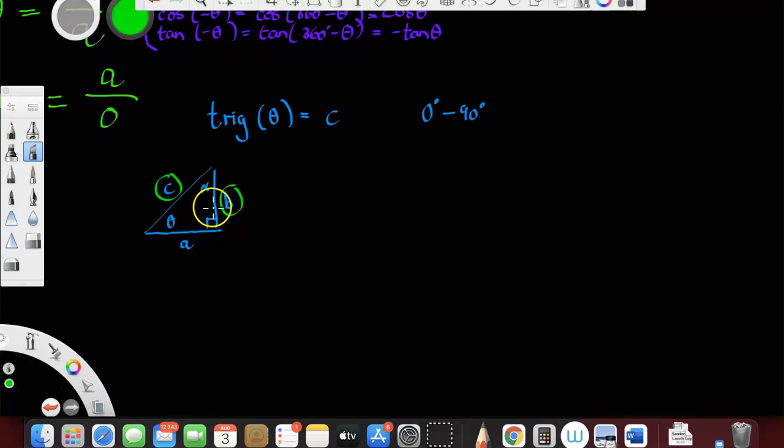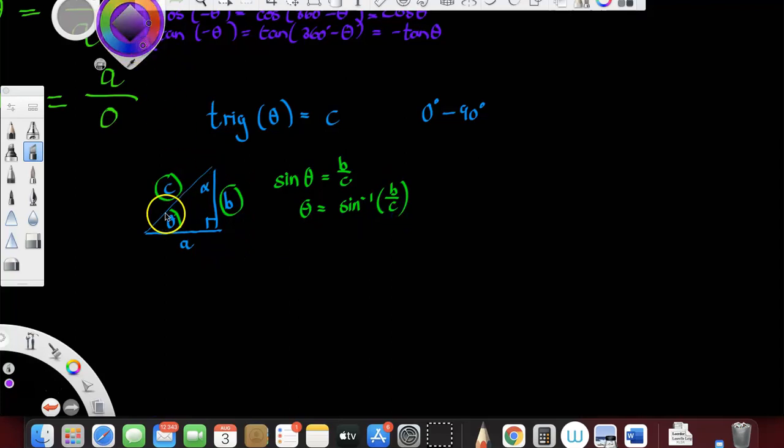Again, this is the basics. That's what trig is all about, working in right-angled triangles. So if I have these two sides and I need theta, I see it's opposite and hypotenuse. So sine of theta is equal to B over C, and then theta is equal to arc sine of B over C.